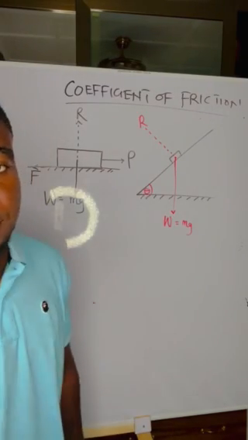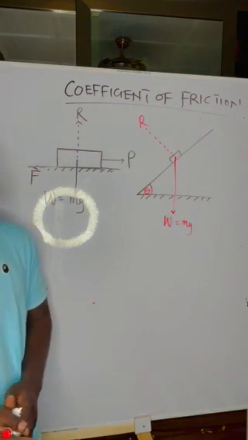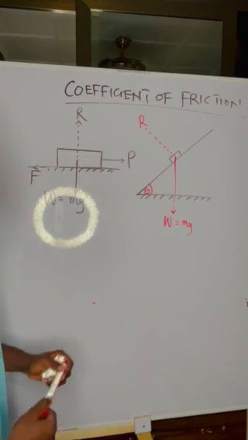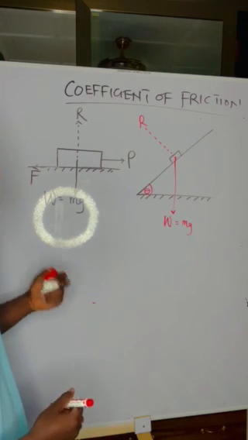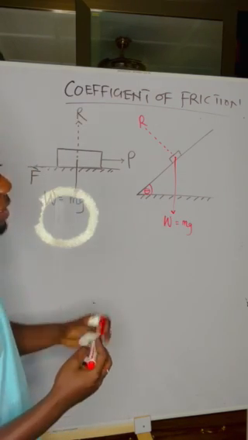Coefficient of friction. Mathematically, coefficient of friction is directly proportional to the normal reaction of a body.